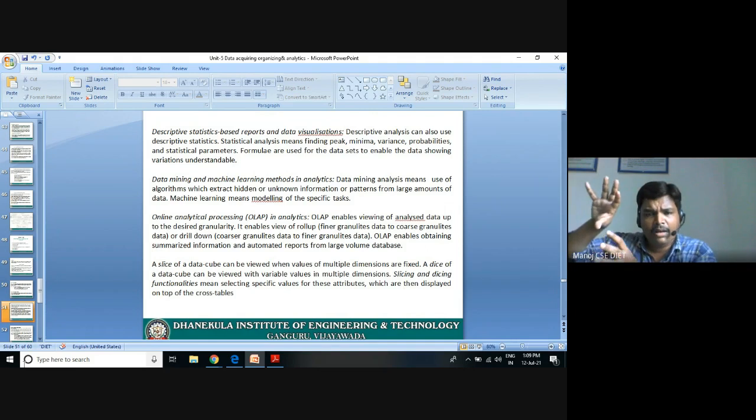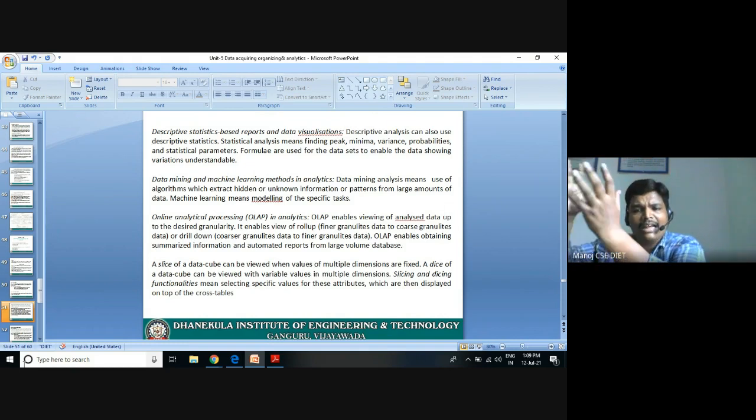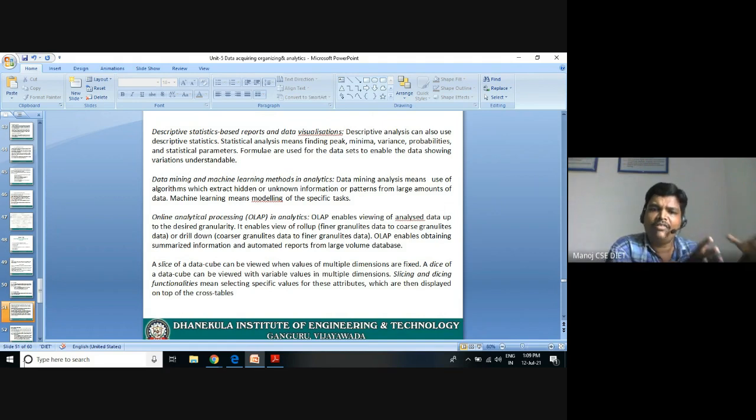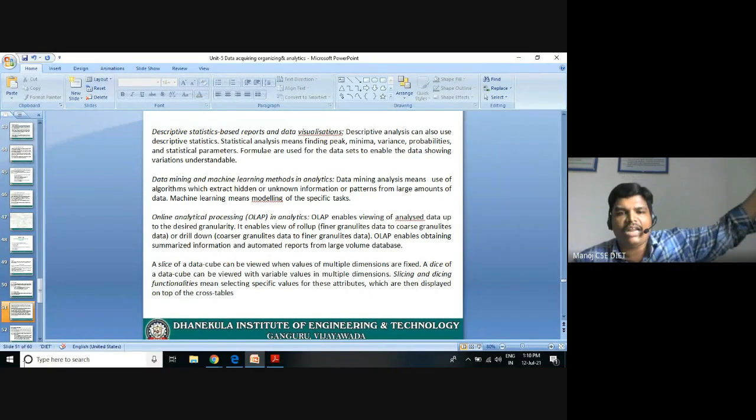By applying some mining process and some OLAP, we apply analytics on that large volume of data, and we provide automated reports and summarized information. OLAP in analytics simplifies the process, visualizes the results, gives summarized information, and automated reports are generated with the help of OLAP from large databases.